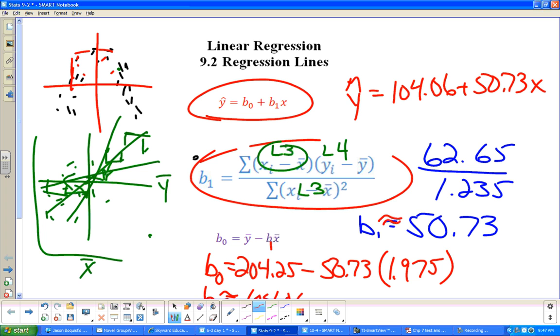But your correlation coefficient would be really bad. If you get something like this, you would say it's a very weak linear correlation because it's curved, right? But it would still give you a line. It just wouldn't be a very good representation of the data. So you have to be careful.